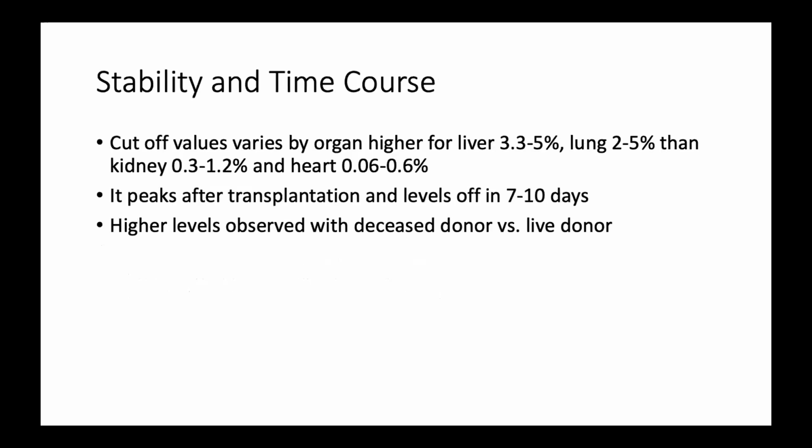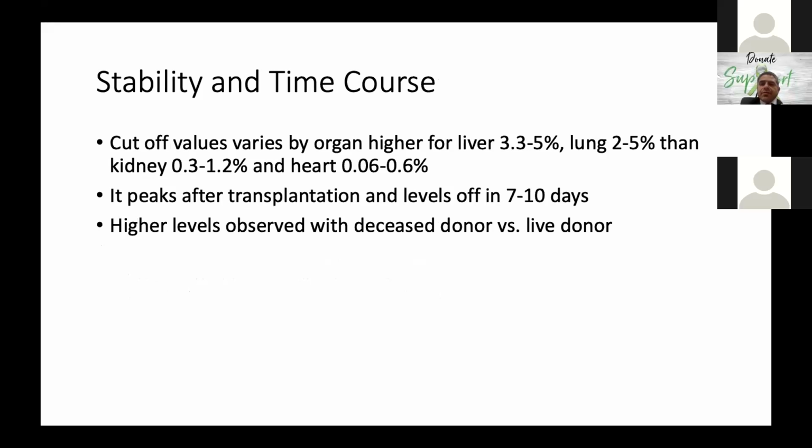So, the stability and the time course in the cutoff. When we look at the cell-free DNA, again, the donor should constitute a very small fraction, and the recipient cell-free DNA should be the majority of what is measured. And there are cutoffs. Different organs shed cells at different rates, and therefore will have different cutoffs.